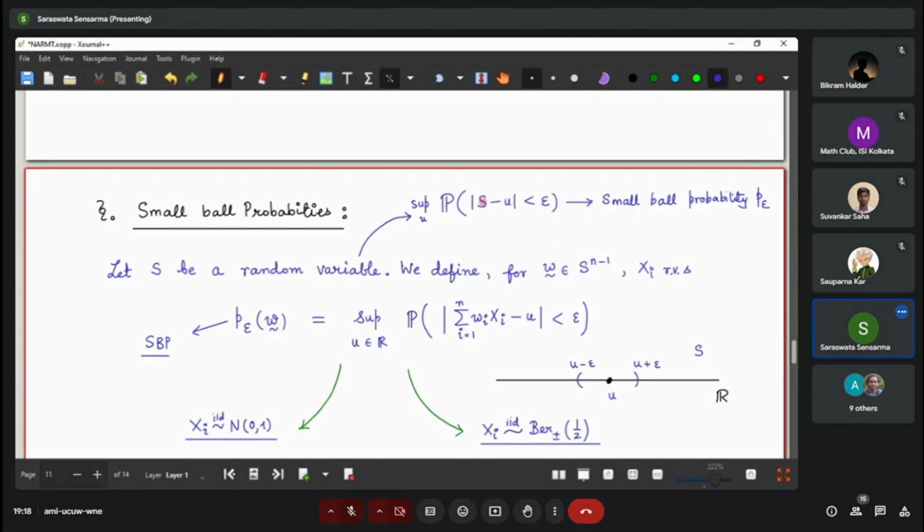Basically, we are replacing S by these weighted sums, and we want to see how well that concentrates. By the way, these are examples of something that we call anti-concentration inequalities. We are basically trying to give an upper bound to this, which would say that being in this set is quite unlikely. If we can say how unlikely it is, that will give an upper bound to it. So these are examples of anti-concentration inequalities.